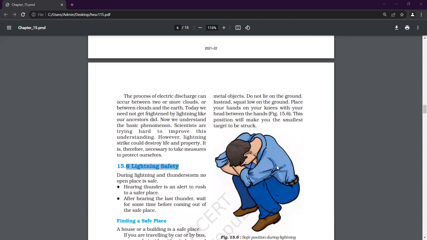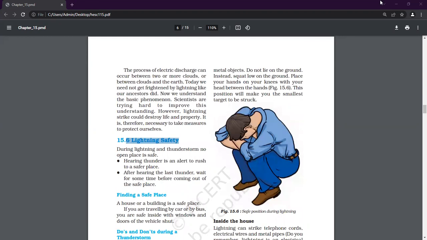And as you can see in figure 15.6, if you are at some open place and cannot go to a safe place, then at that time you have to make the position given in figure 15.6. You neither have to take the shelter of trees, nor of any poles, because lightning can strike there also. So you have to just see the position in figure 15.6.